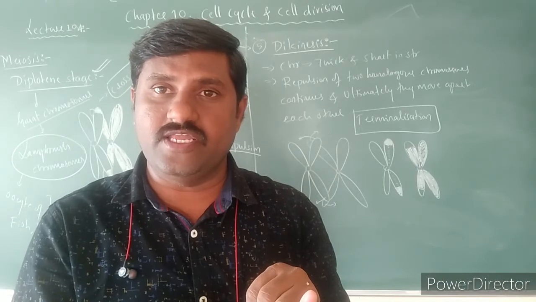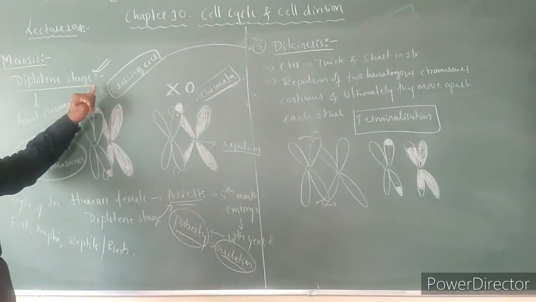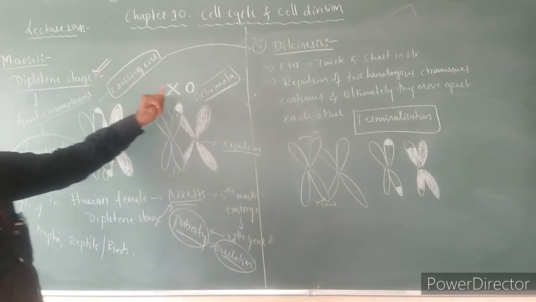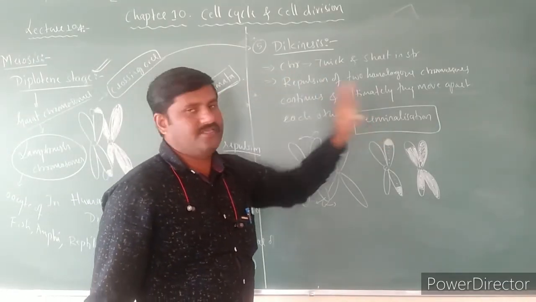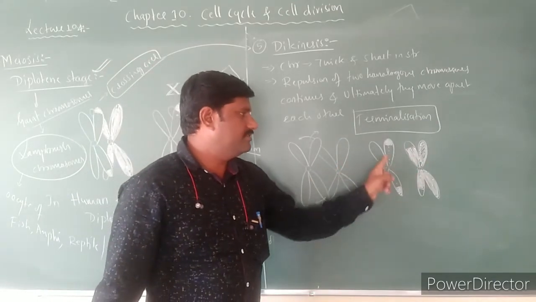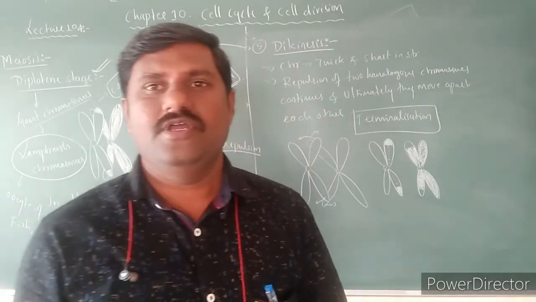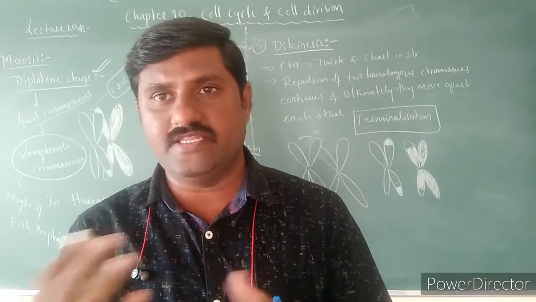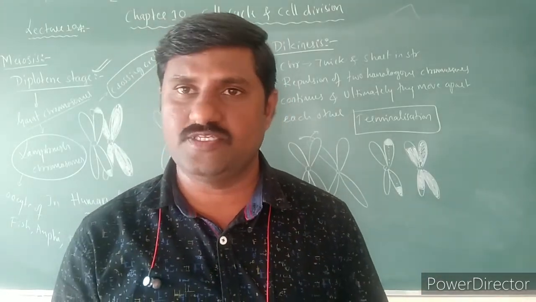In diplotene, where the crossing over completes, chiasmata formation takes place, and in diakinesis, terminalization takes place. Ultimately, the chromosomes are just like this. This is how the arrangement of chromosomes and the exchange of genetic material take place between the two homologous chromosomes.